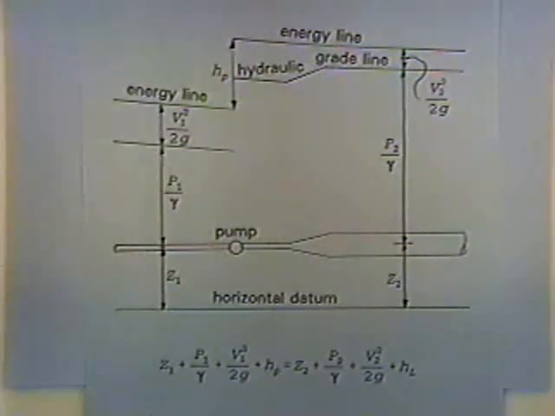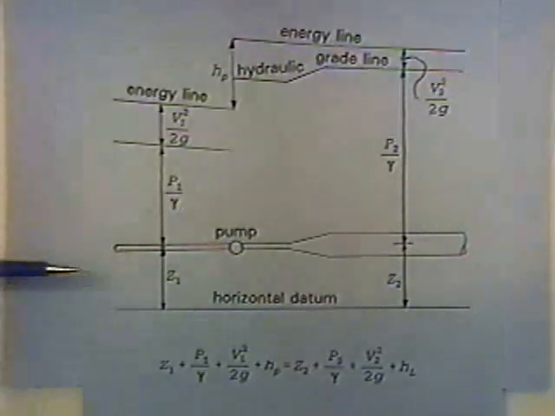So in Z1 the elevation head is just the vertical distance from some arbitrary datum that can be mean sea level or anything else we want it to be. And so elevation head plus pressure head plus velocity head plus the head added by the pump is equal to the corresponding energy downstream plus the head loss in between.